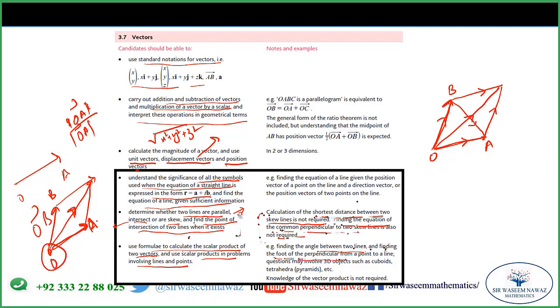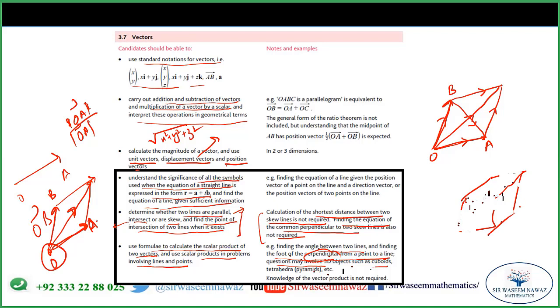Find the foot of the perpendicular from a point to a line. We have seen in the last question how to find the perpendicular distance from a line to a point. It can also come in cuboids, as you have seen in some questions in your AS, when you have 3D problems and you find the angle between them, similarly you can do that.